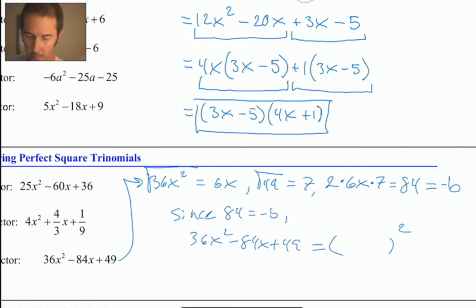The first one is the 6x. The second thing we're going to put in, the third thing really, is the 7. And the middle thing that we're going to put in is this minus sign.